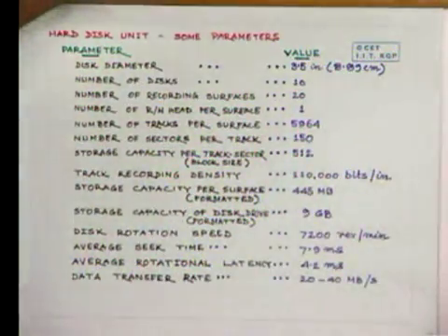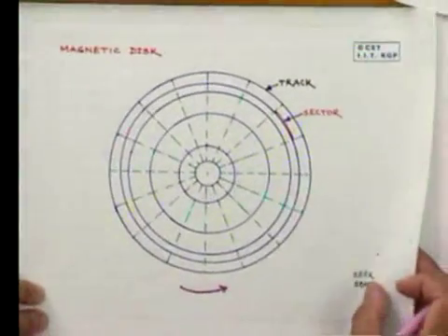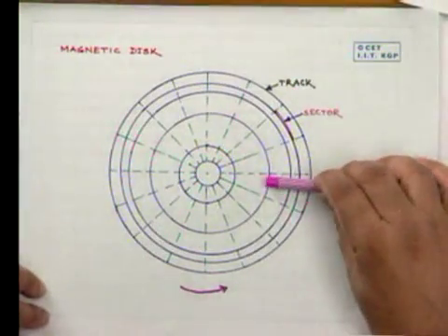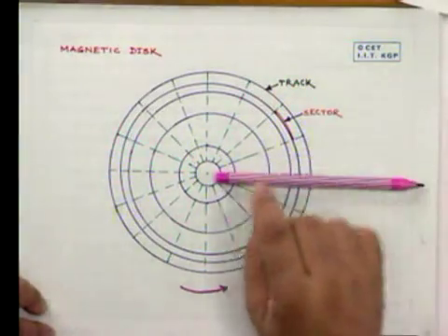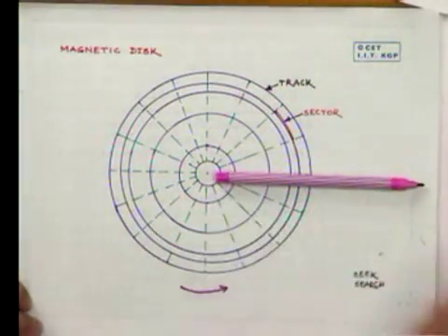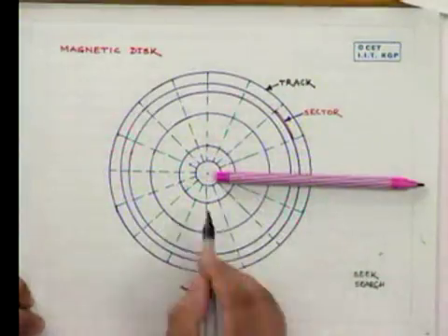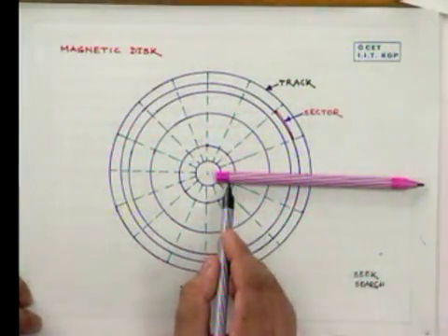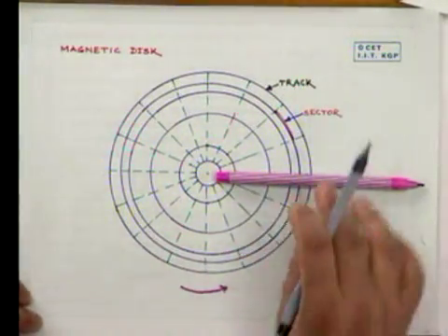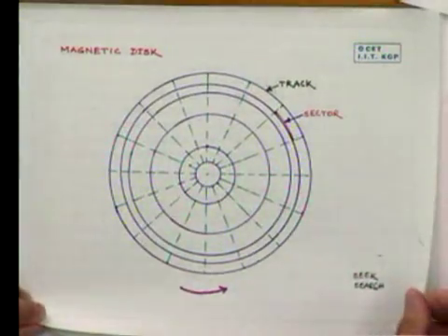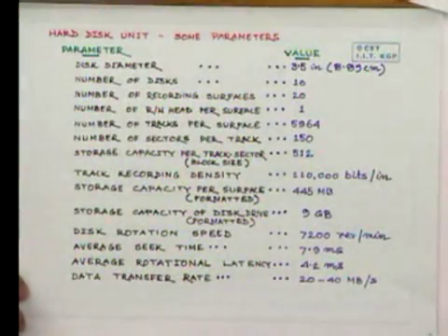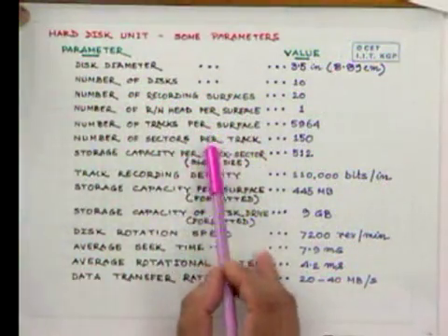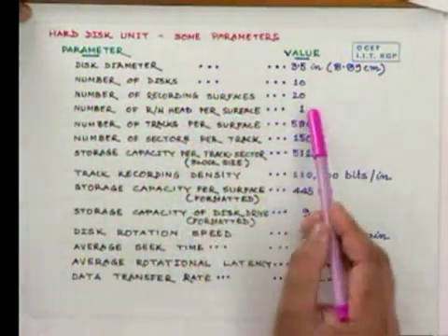Mostly the type of disk we have has only one read write head which moves. It's possible that you keep a read write head for each of these tracks, but that is very costly and very seldom used, right? Therefore, the number of read write heads per surface is 1.